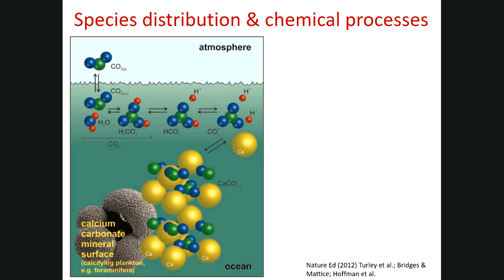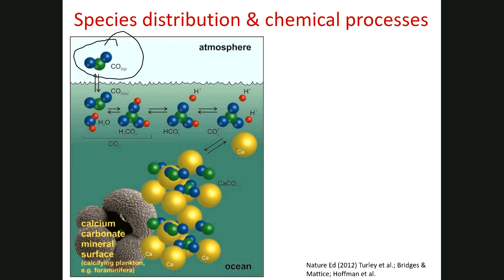When we are looking at species distribution, what we're looking at is how the same element appears in different forms depending on whether it is in solid, gas, or liquid form, and also depending on the environmental conditions surrounding it: the temperature, the pH, the presence of other elements. For example, in this figure, we have the molecule of CO2 in gas form in the atmosphere.